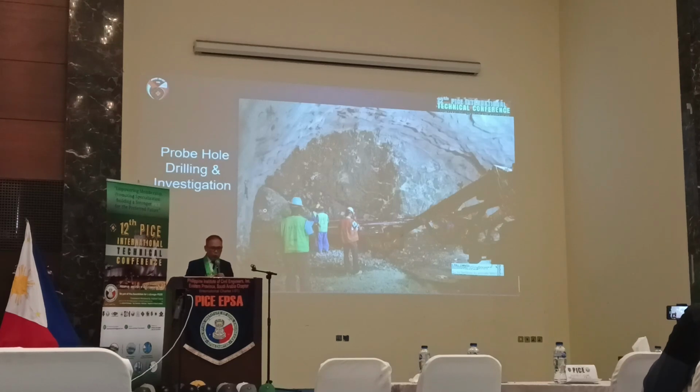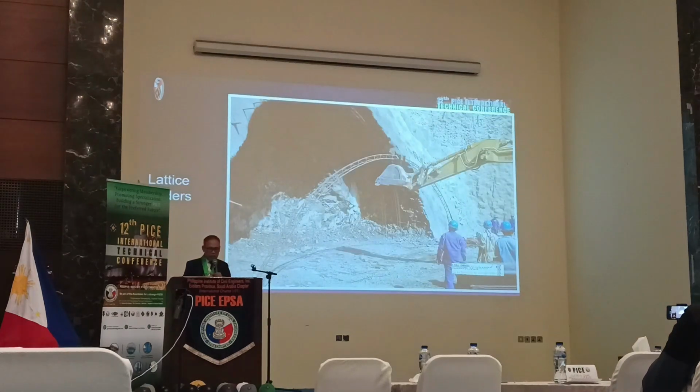In tunneling, in probe holing, there's an advanced drilling to determine the stiffness of the ground, the condition of what is ahead, so that when you do the tunneling, the drilling and blasting, you'll be able to estimate the charge load of the blast. This is an example of the portal as well, the installation of the lattice girders, to make sure that you have adequate support on the tunnel portal.